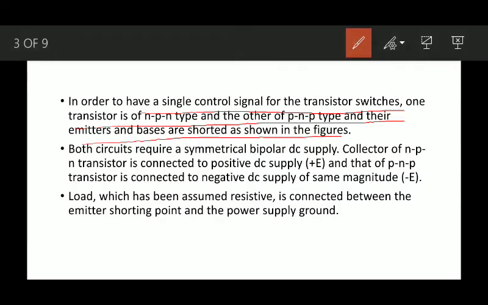Both circuits require a symmetrical bipolar DC supply.